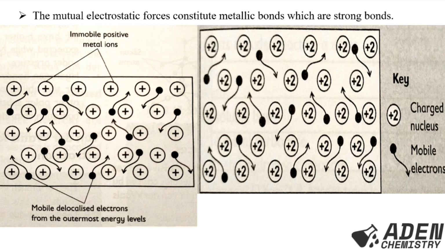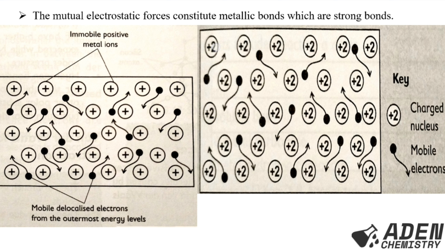If you check here, we have +2, that's the charge. It's written here, charged nucleus. When I'm dealing with something with only +1, it's just from group 1 elements, or alkali metals.